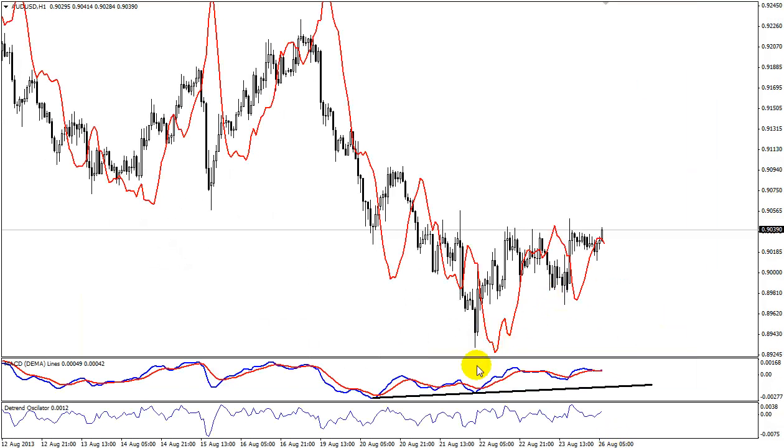They are forming right with bullish divergence on the MACD indicator. As the price is forming lower lows, the indicator was forming higher highs. So on the hourly chart we also have patterns with bullish divergence, which is very good for the bullish development on the market.